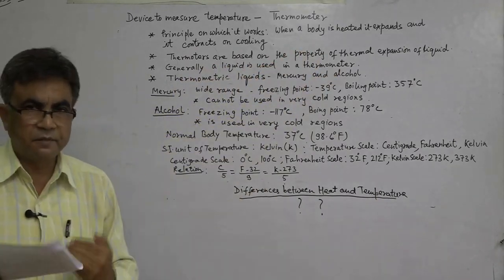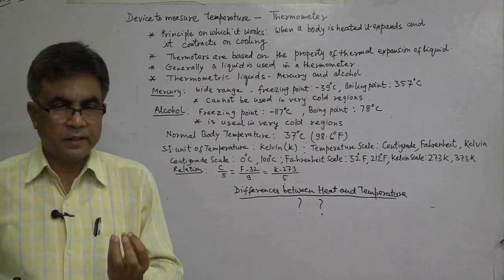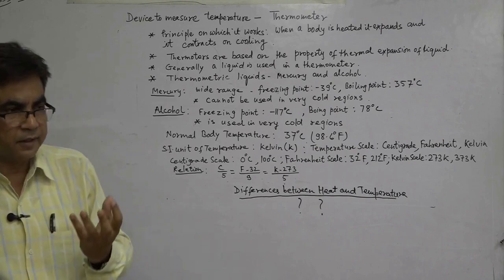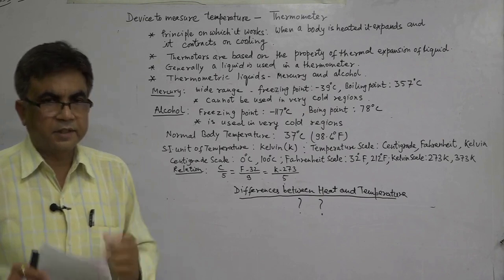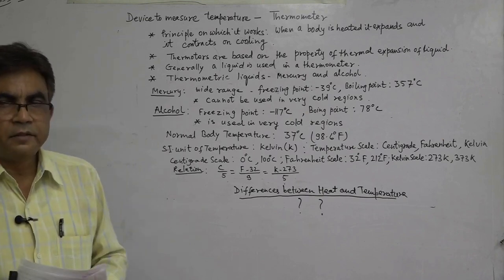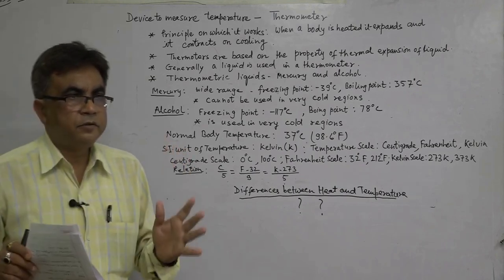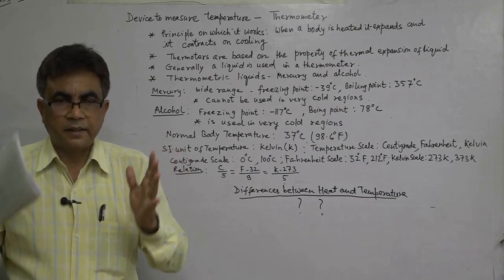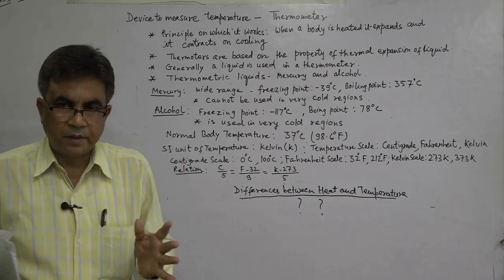Thermal expansion of liquid means that whenever a liquid is heated it expands, and whenever the liquid is cooled it contracts. So a liquid thermometer works on that principle. Is it clear? If you are asked on which principle a thermometer works, the answer is very simple.